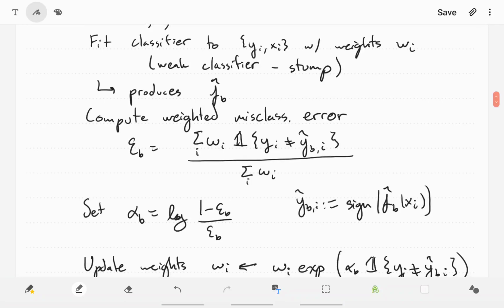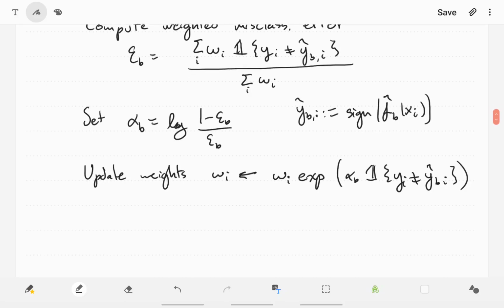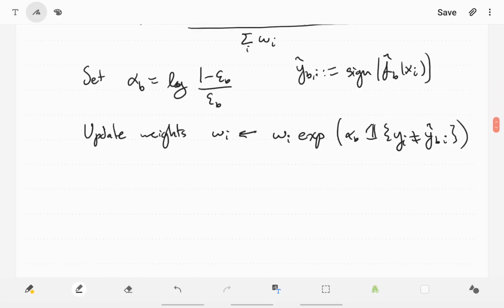So that's just a note. And that fully describes the algorithm thus far. Now at the end of the day, we are going to update our weights, retrain our classifier, compute these things, and then at the end of the day, we have a list of alpha_b's and f hat b's, right? The trained classifiers and their weights.